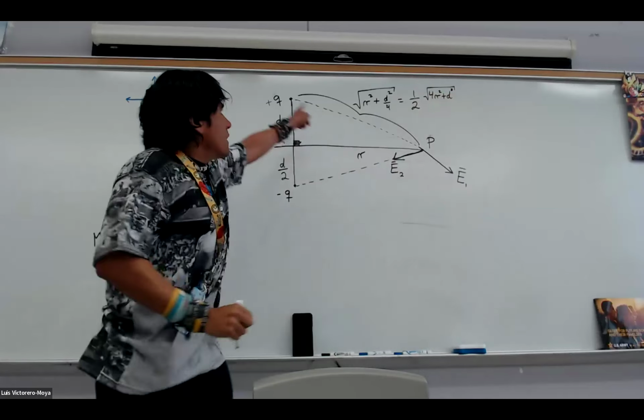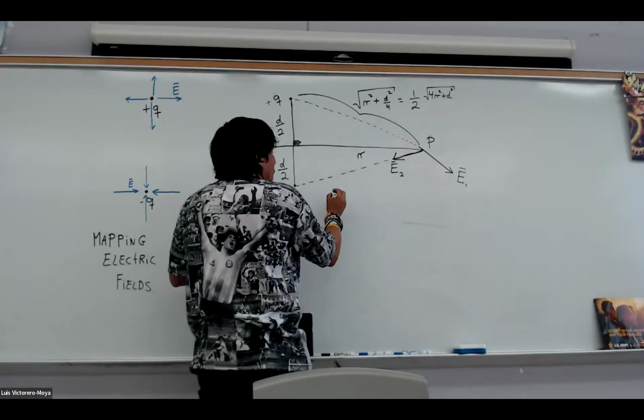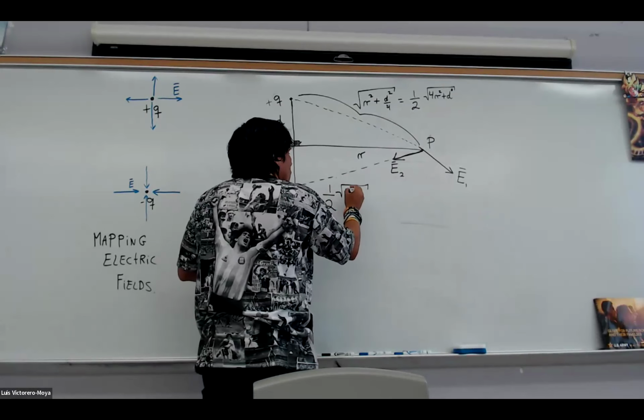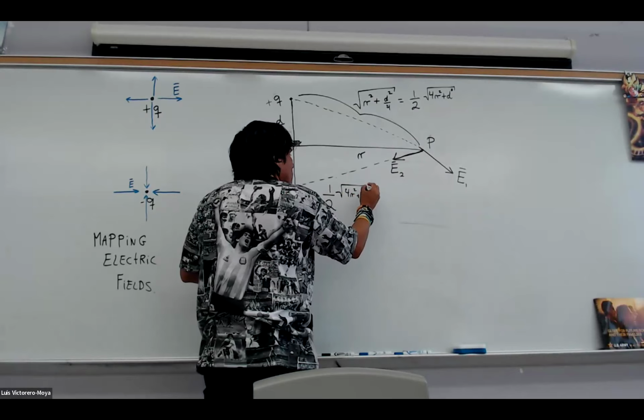And it's the same as this, so this is also 1/2 square root of 4R squared plus D squared.